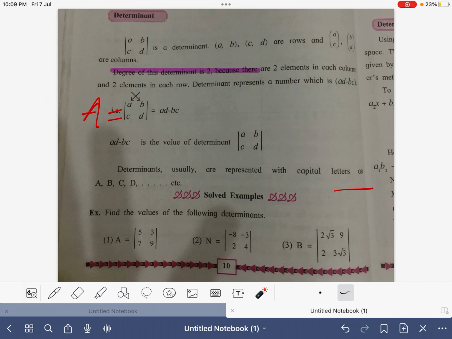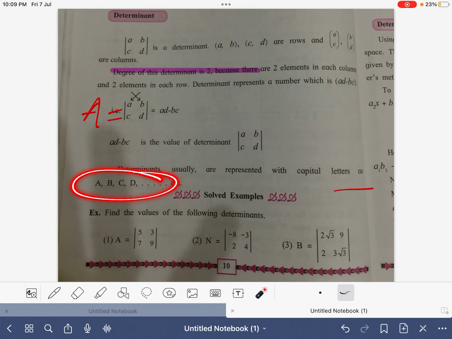In the next page, there is A, N and B, which are the determinants given to you, and we have to find out the value of A, N and B by solving these determinants.